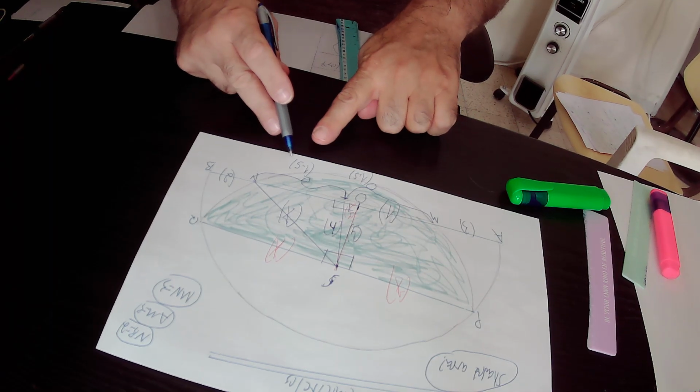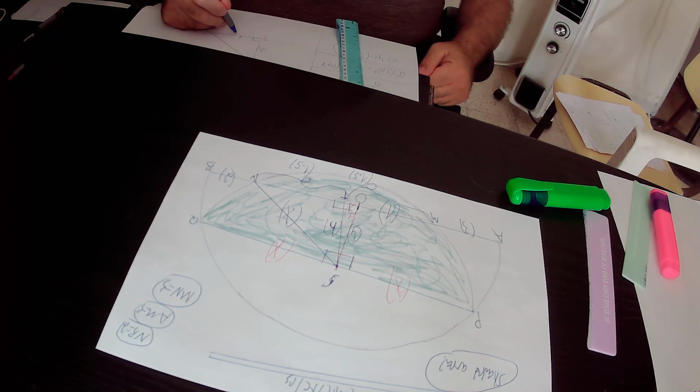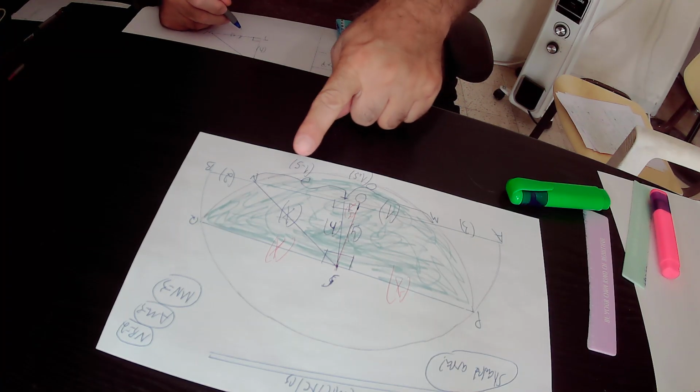TN equals 1.5 units in its length. The hypotenuse SN equals x.